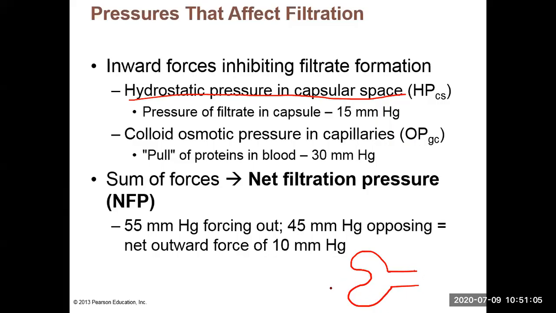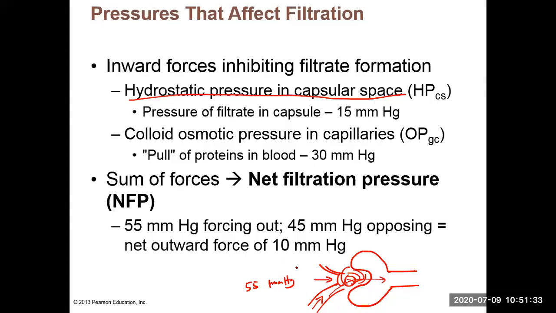And here is the glomerulus, and here is the blood coming in. So this force that we said was 55 millimeters Hg is taking and filtering the substances in here.